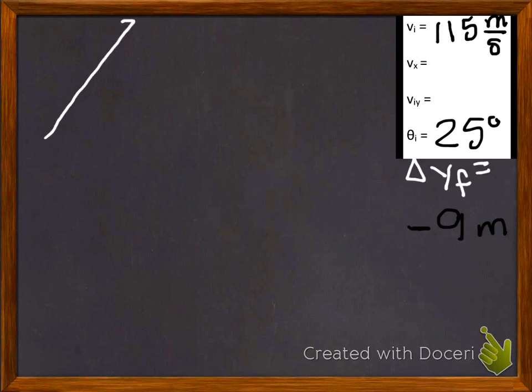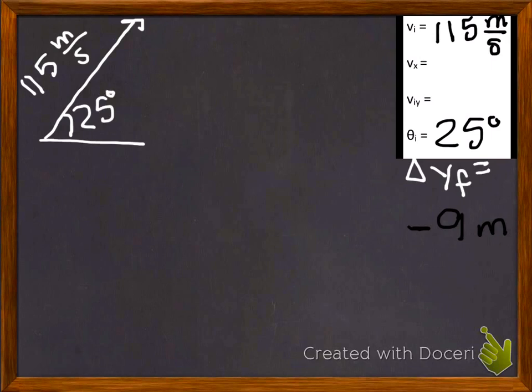What that means is we have this thing that's at an angle, this vector, and we know that it is 115 meters per second big. Also know it's at an angle of 25 degrees. This picture is wildly not drawn to scale.